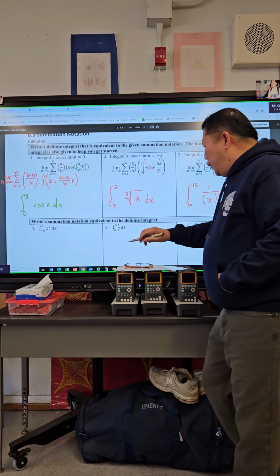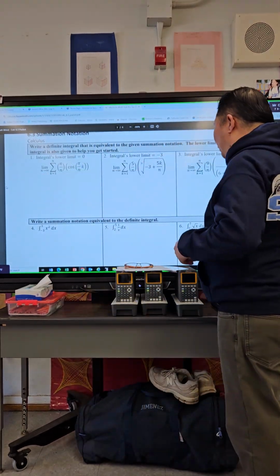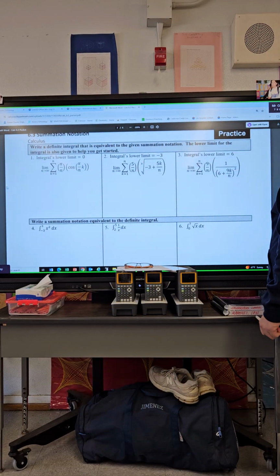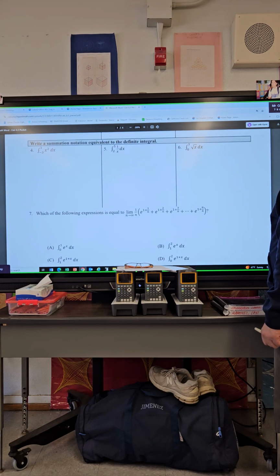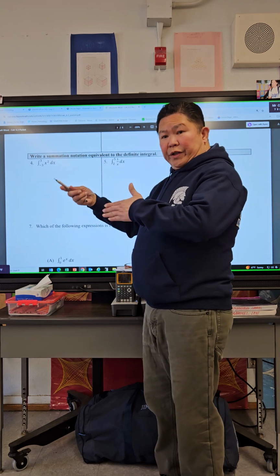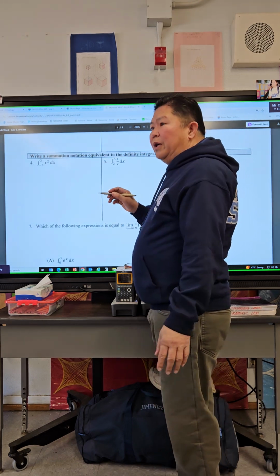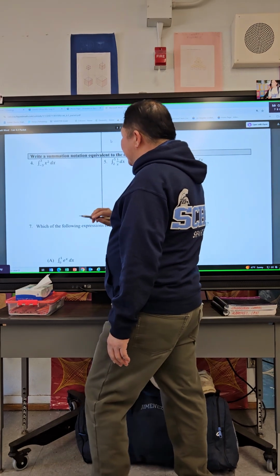Yeah. So we have to do number 4, 5, and 6. Okay, write the summation. So we do the reverse. We are writing in the form. What is that form? The limit.